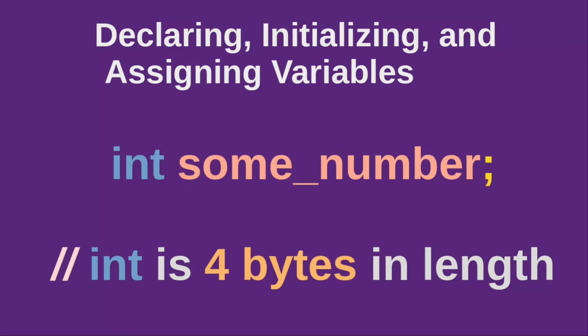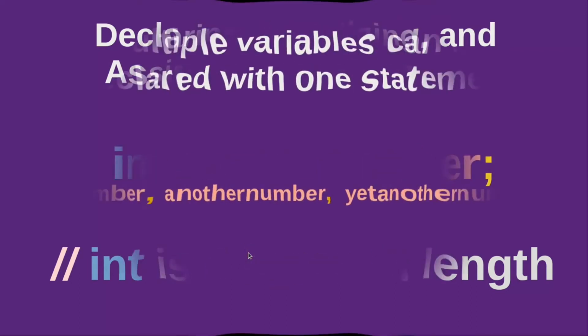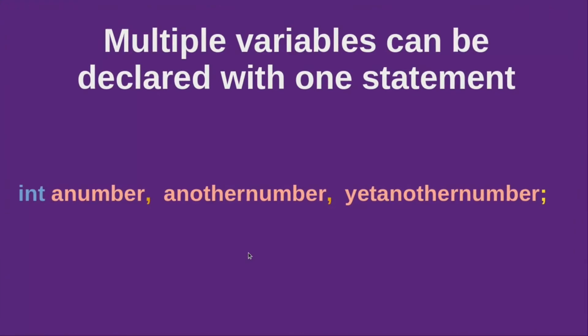Note that in C we must specify the type of data that a variable will store. This lets the compiler know how much total memory to set aside for the data. On most modern machines, an int is 4 bytes in length. We will look at other data types in the next section or tutorial.